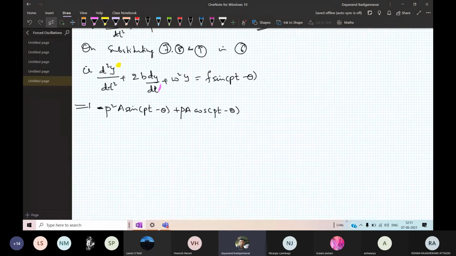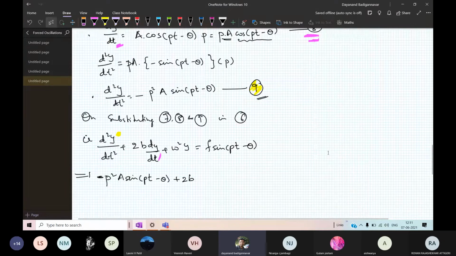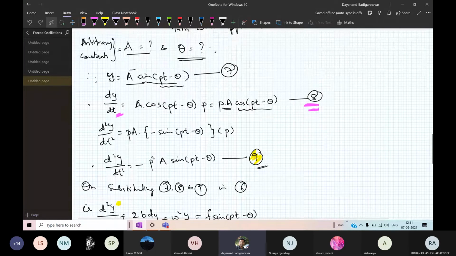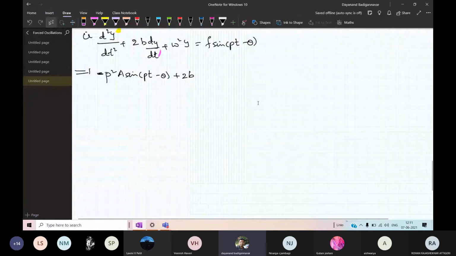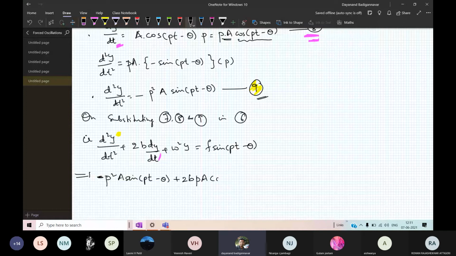I just forgot to write it. So first you write 2b times dy by dt. dy by dt is pa into cos of pt minus theta, equal to f as it is.